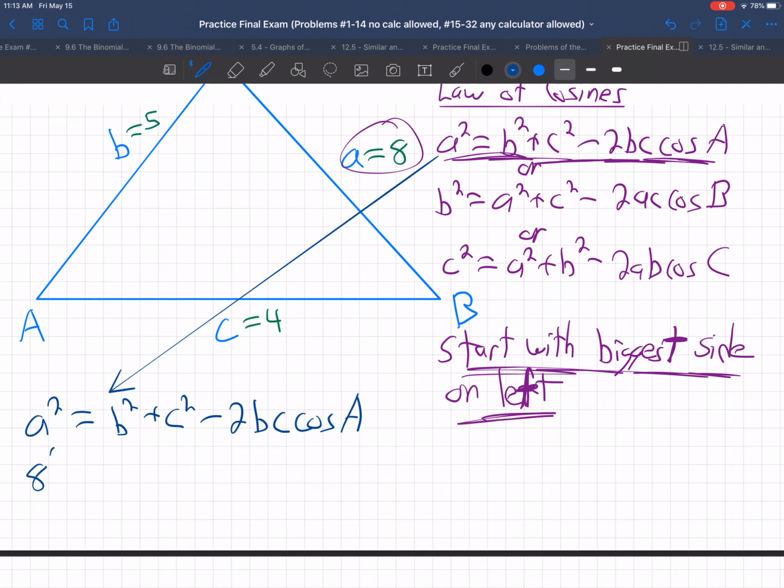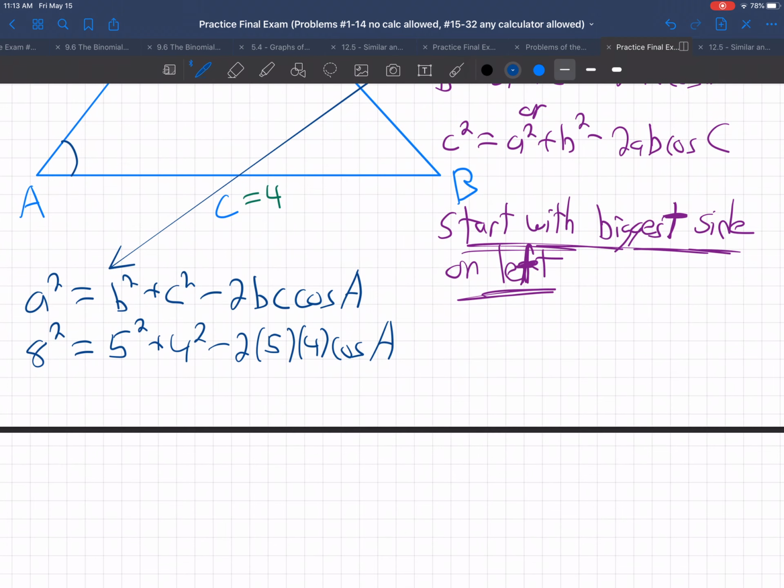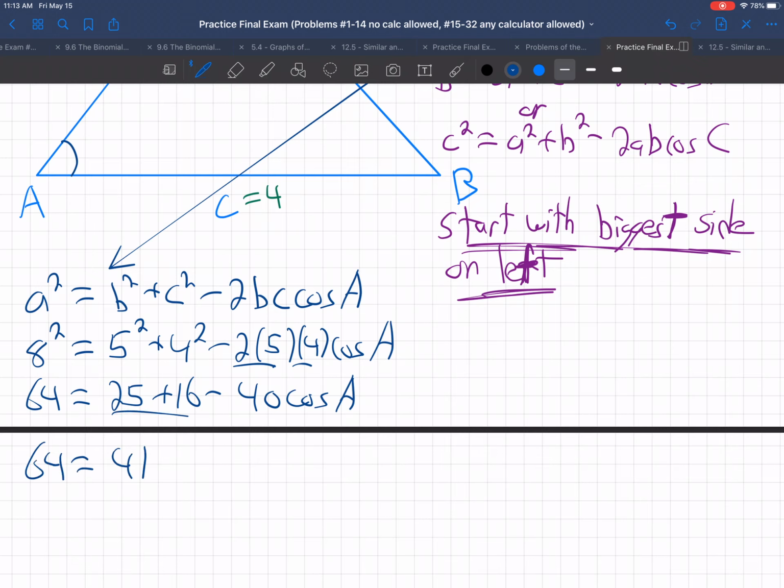So we've got 8 squared is b squared, which is 5 squared, plus c squared, which is 4 squared, minus 2 times 5 times 4 cosine capital A. We don't know capital A. We're trying to find it. All right, what does that give us? 64 is 25 plus 16 minus 2 times 5 is 10 times 4 is 40 cosine capital A. So 25 and 16, what's that? 41.